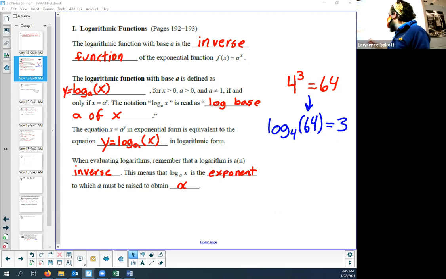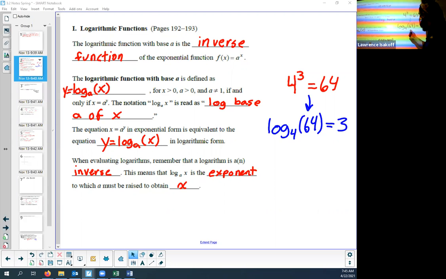When evaluating logarithms, remember that a logarithm is an inverse. That means log base a of x is the exponent to which a is raised to get x.